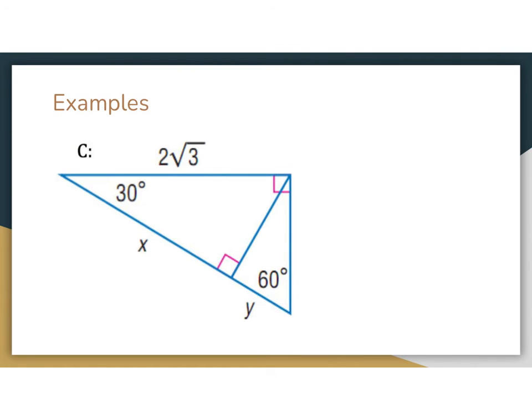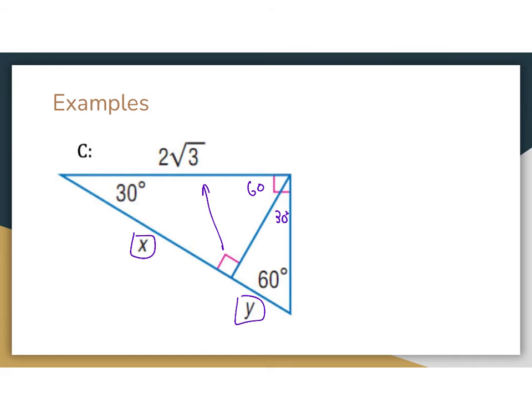So now here's a little bit of a tricky one. So we're okay though. So 30, so that makes this 60. That's 90. That makes this little one in here 60. So now let's consider what I have here. They say that my hypotenuse is 2 square root of 3, and they want to know x, and then they want to know y.